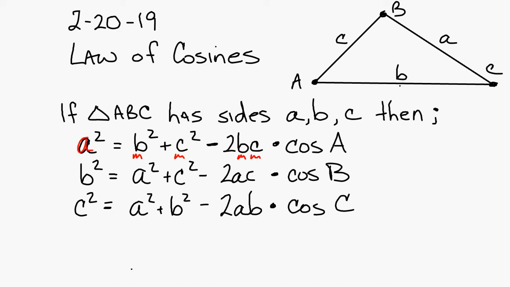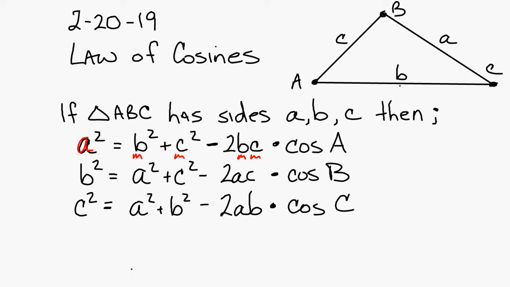And the pattern repeats itself. The side you're trying to find squared is equal to the other two sides squared and added together, minus 2 times the two sides that you know the length of, times cosine of the angle that relates to the side you're trying to find. You guys see the pattern?